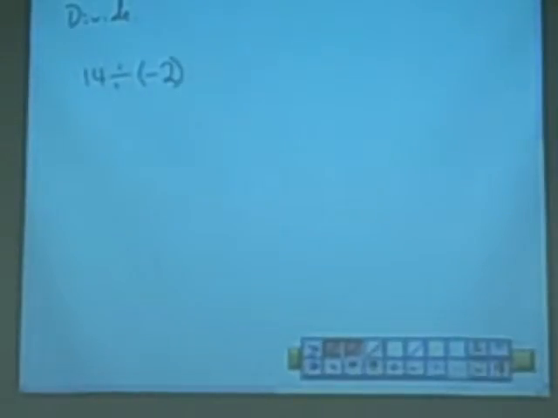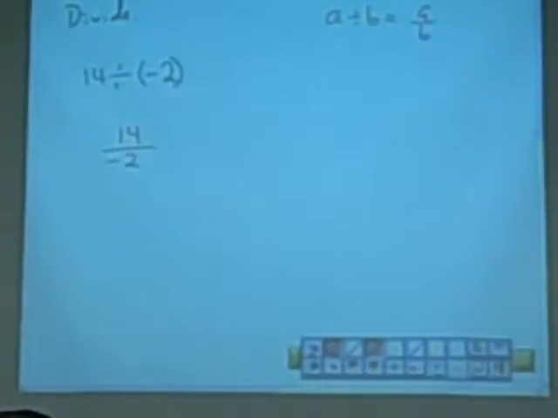Now, remember this, A divided by B is the same as A over B. If you ever see me in another course, you're going to see me using this concept over and over again. When you have division like this, the first number is always going to be the numerator. The second number is always going to be in the denominator.